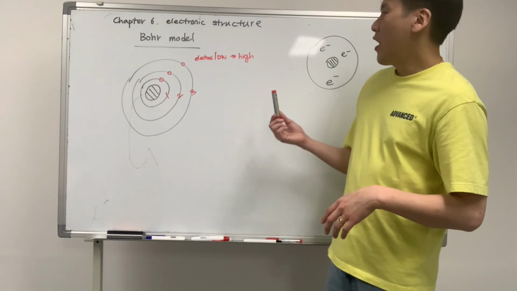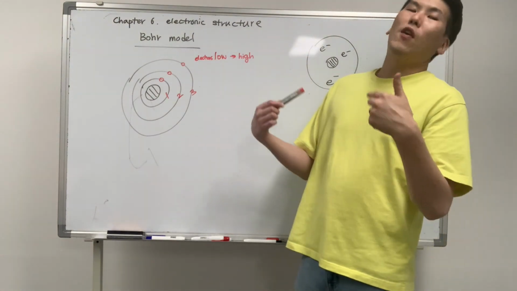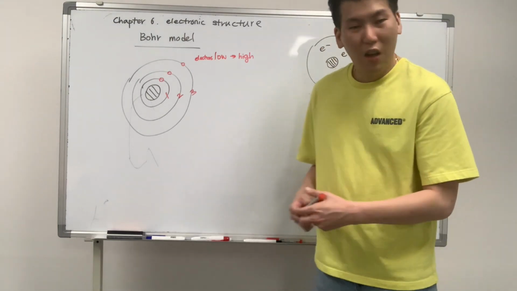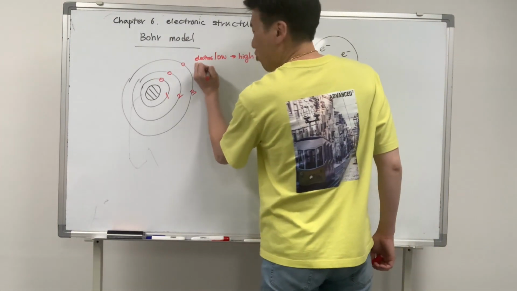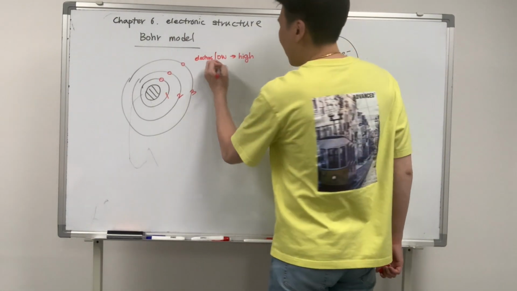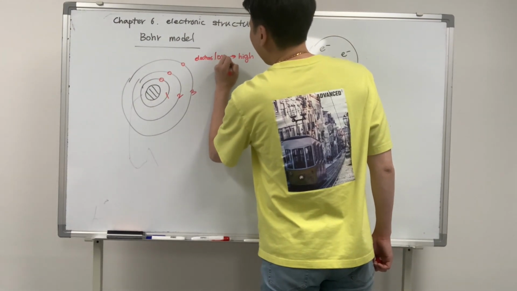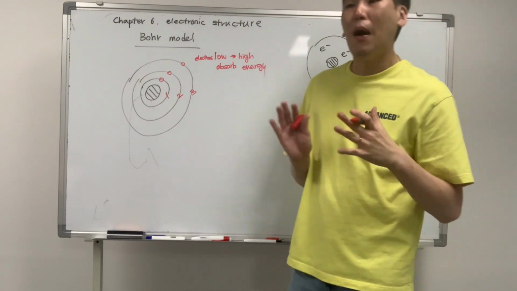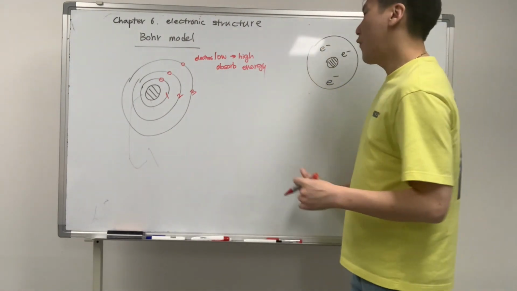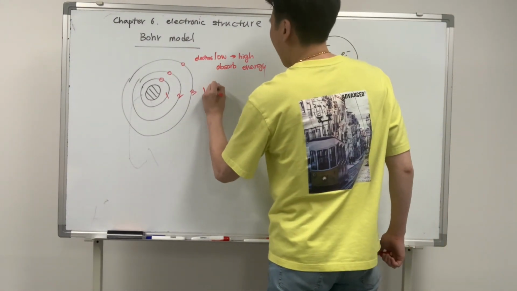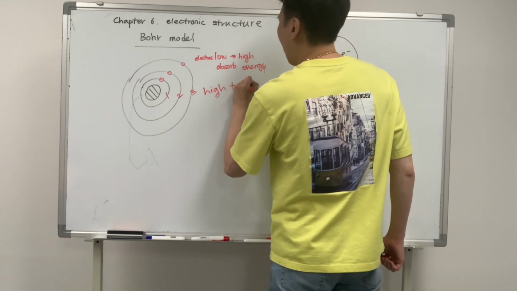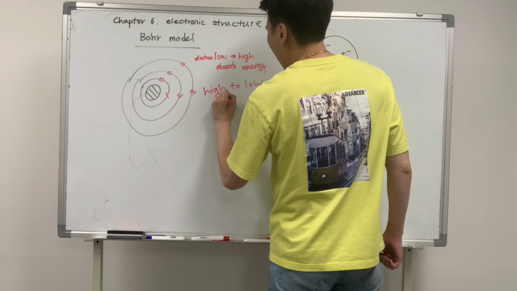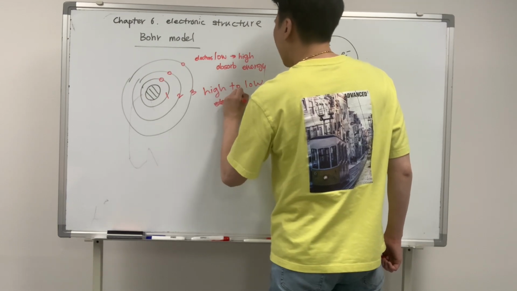So you need to absorb energy to go from low to high. That's the endothermic process again. Only if you absorb energy does this process become possible. If you go from high to low, energy is released.